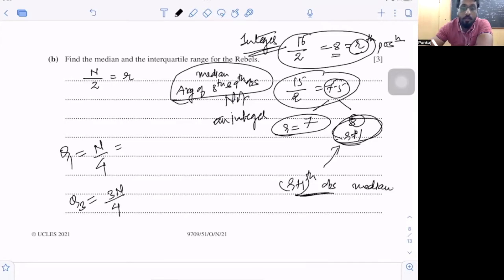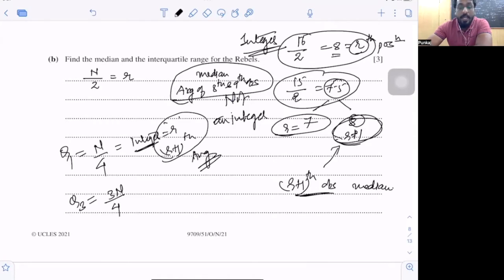If n over 4 comes out an integer, let's call this value R. Then you take the rth value and the r plus 1th value, and you find the average of these two values. If it is not an integer, you find out which two values it lies between, that is r and r plus 1.